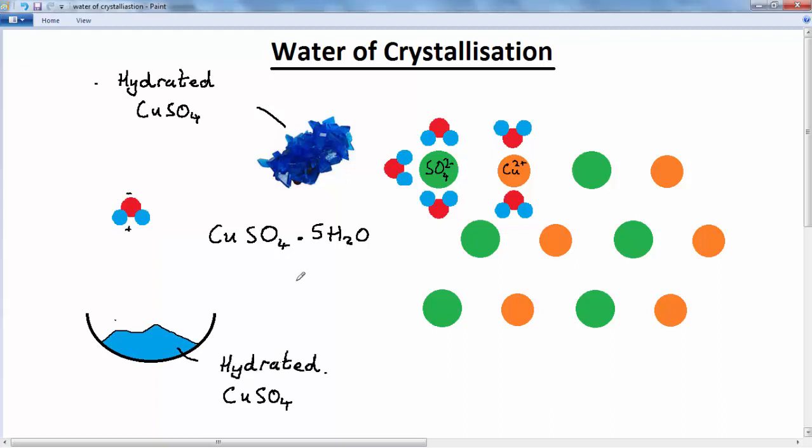Now, I would also like to point out that the correct formula for hydrated copper sulfate, that's the stuff that we're normally familiar with in the laboratory, is CuSO4.5H2O. The formula for anhydrous copper sulfate, that's where the water's been driven out of the structure, is CuSO4.